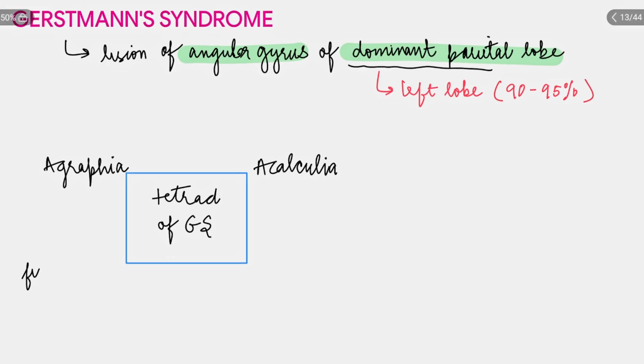Then you'll have something called finger agnosia, in which the patient cannot identify his or her own fingers. If you ask the patient, can you please lift your right middle finger, the patient will just be confused. And then there'll be left-right disorientation.